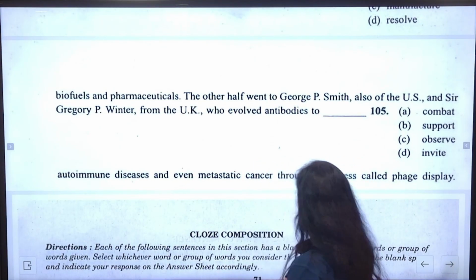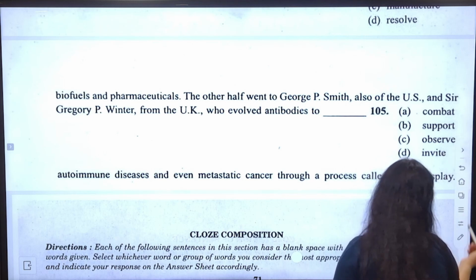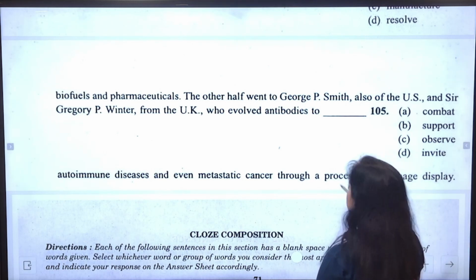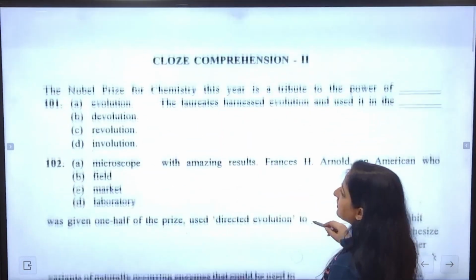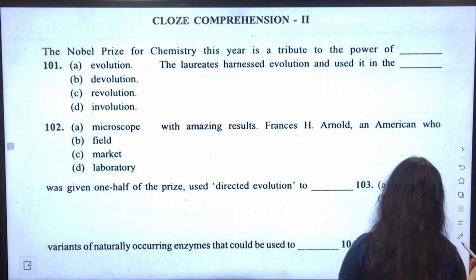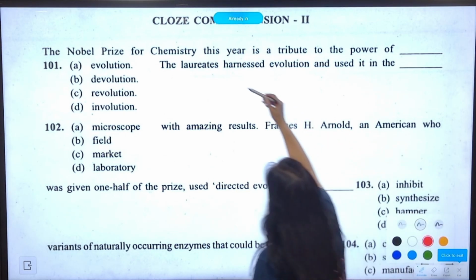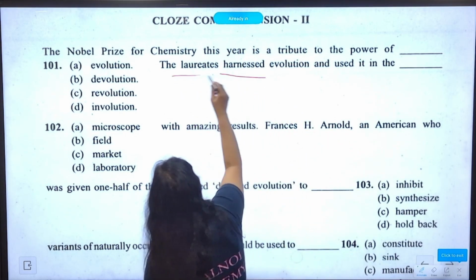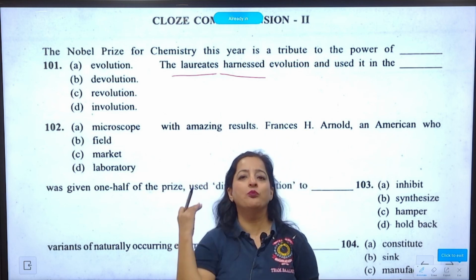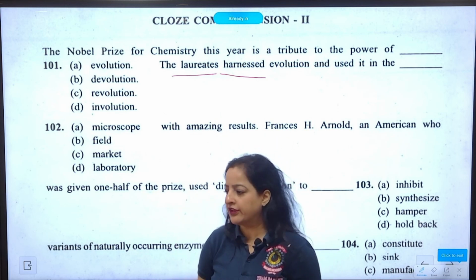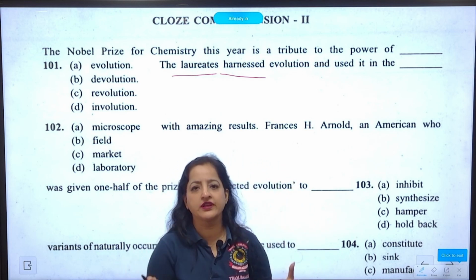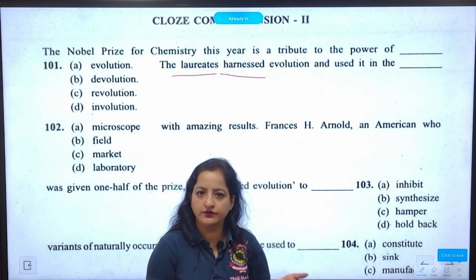Lastly, I did take note of some words. Did I miss on explaining any word? What is the meaning of harness? Who are laureates? See, laureates are again, we generally use this word with Nobel laureates. So if you win laurels and accolades, it means you are winning glory for the nation.